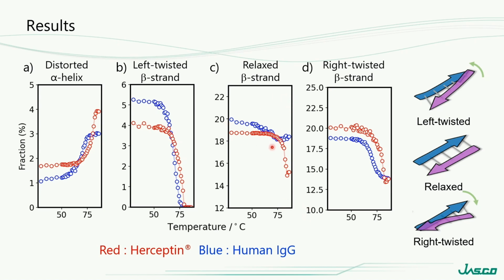Herceptin shows a decrease of fraction as temperature rises, while the fraction for IgG was maintained. So, BeStSel is useful in understanding the detailed mechanism of structure formation in protein, including antibody drugs.